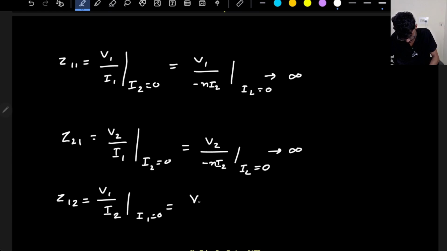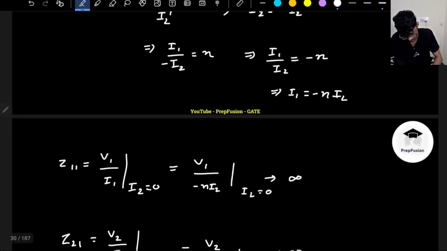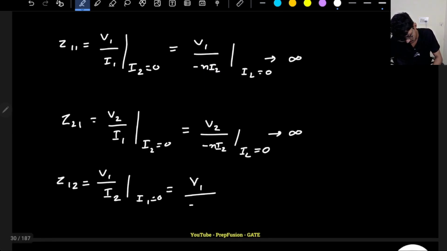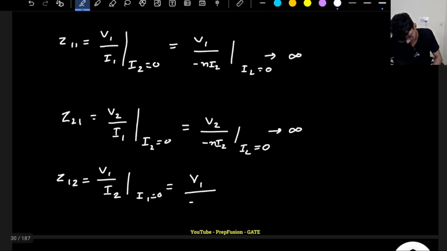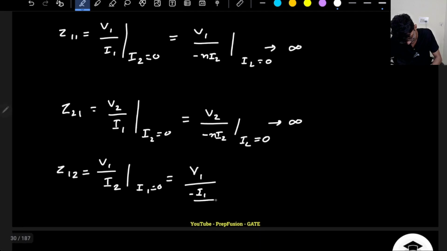So basically it is V1 divided by minus of I1 by N. So I2 will be minus of I1 divided by N. So your I1 is equal to 0, so again it is tending to infinity only.